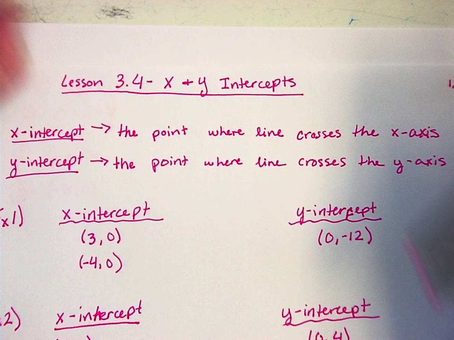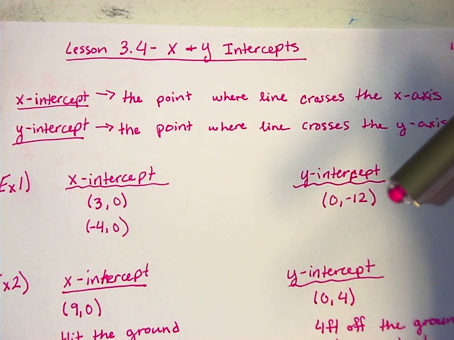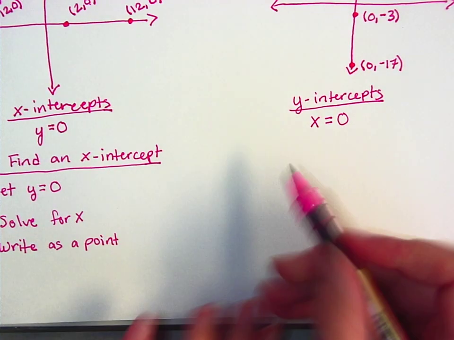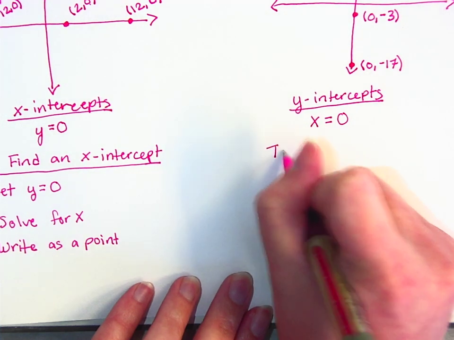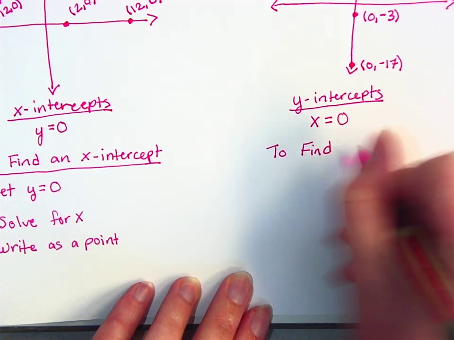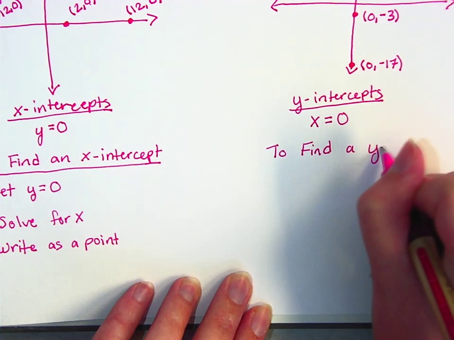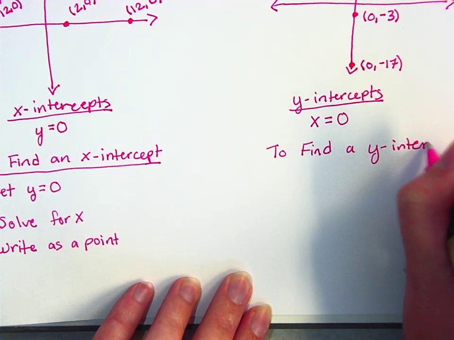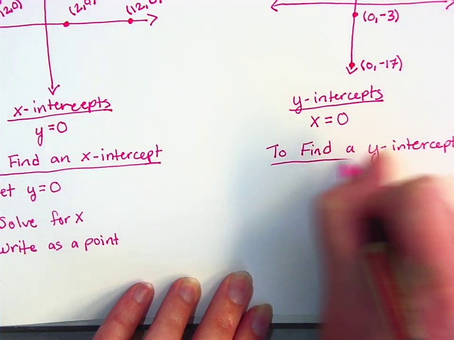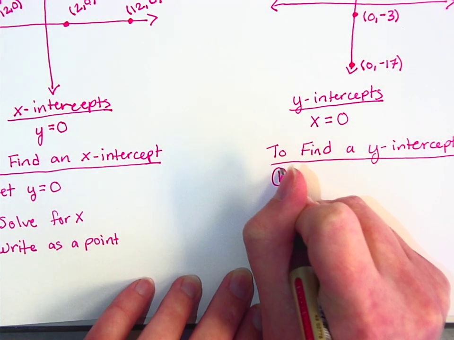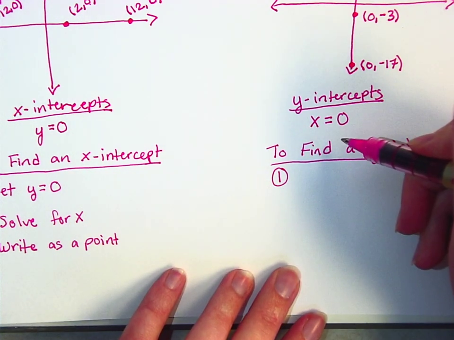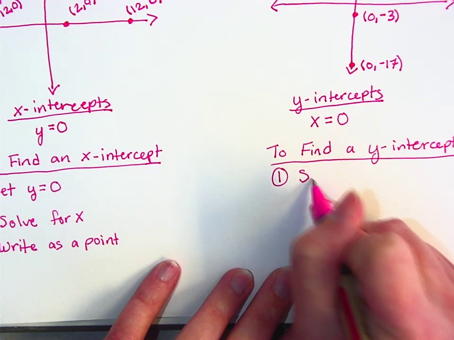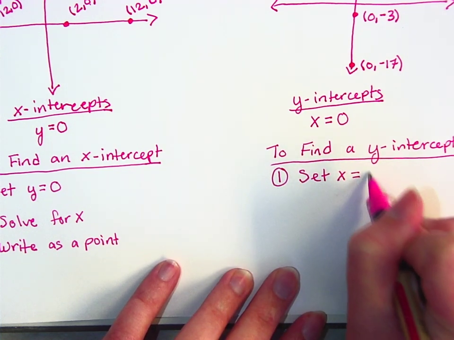I'm going to go back to my y-intercept spot down here. And this is where I'm going to write the steps to finding the y-intercept. So to find a y-intercept, the first step, as we stated right here, is that x equals 0 for all y-intercepts, so we're going to set x equal to 0.